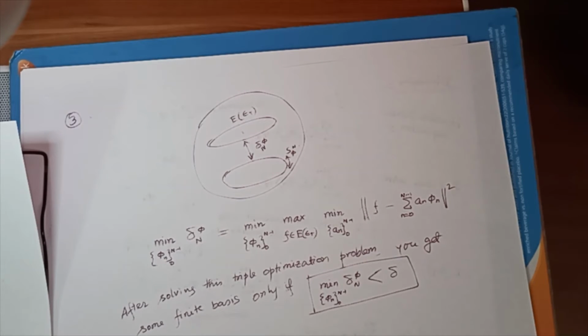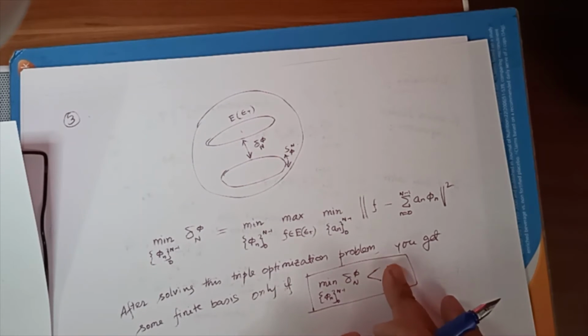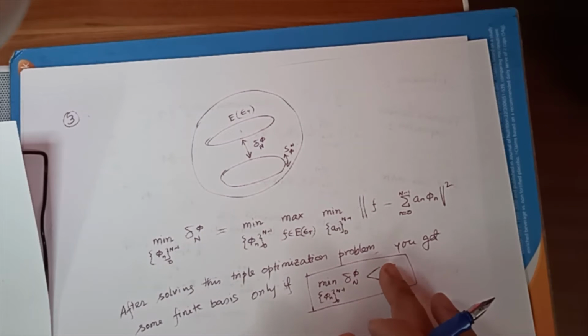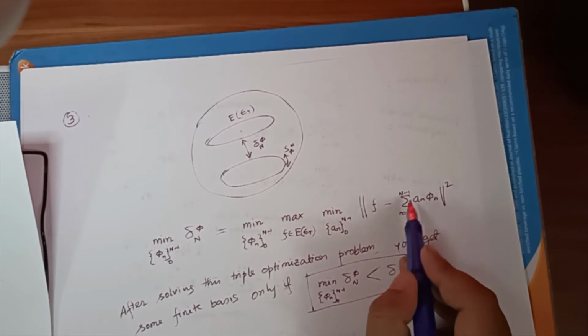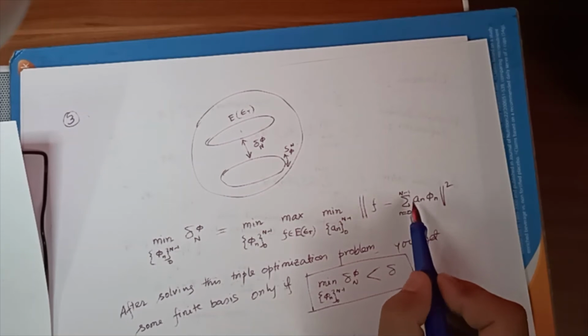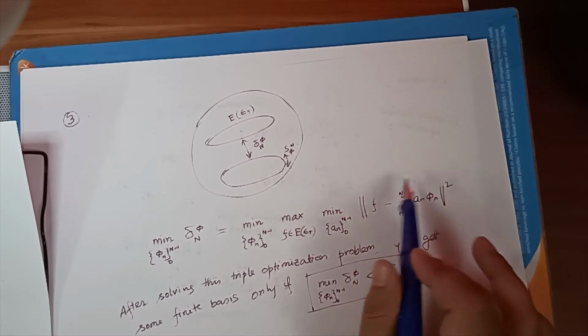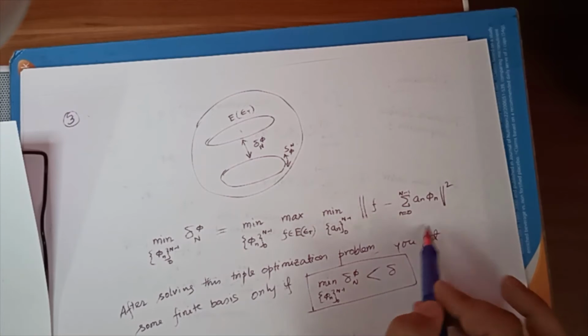So not only that, this will tell you that the basis is at most capital N. The dimension is at most capital N. We have to show that it is not less. We have to show that if you take, instead of n basis functions, say n minus 1 basis functions, then you cannot minimize this particular quantity.